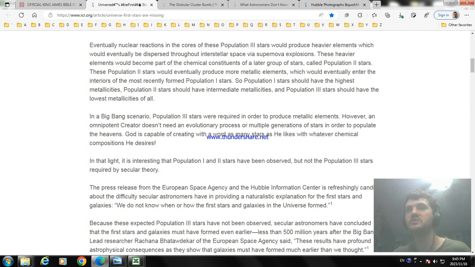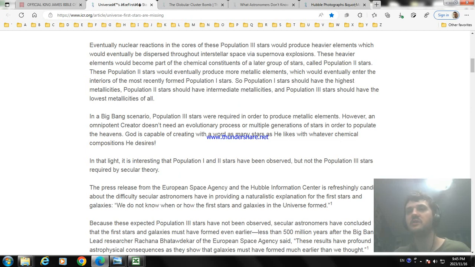These Population 2 stars would eventually produce metallic elements and eventually form Population 1 stars. So Population 1 stars should have the highest metallicities, and Population 2 stars should have intermediate metallicities. And Population 3 stars should have the lowest metallicities of all.